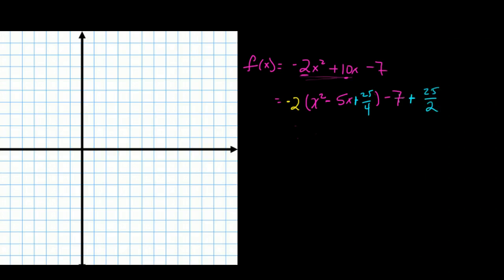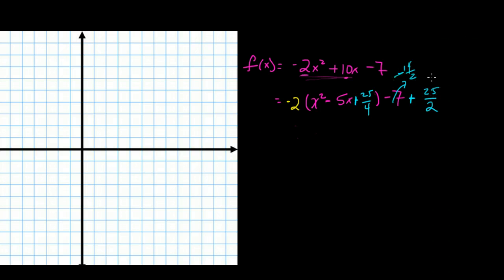If that gives you any trouble, you need to pause this video and play around with multiplying 25 fourths by negative 2 over 1. So if that's 25 halves, then this is going to be a negative 14 halves.